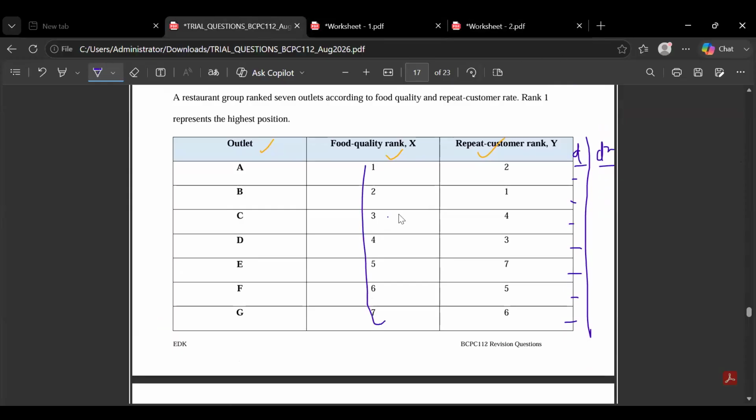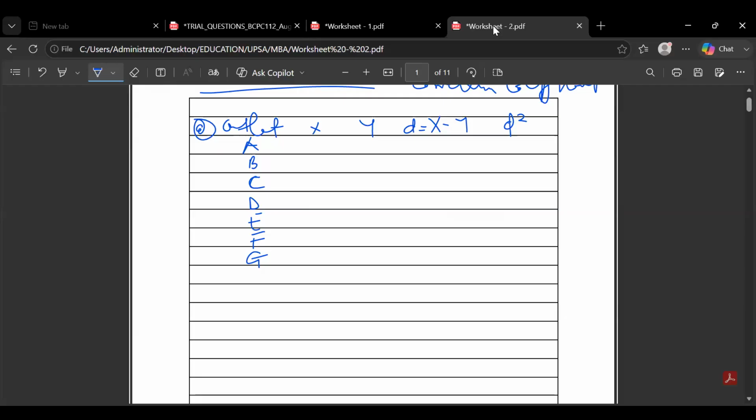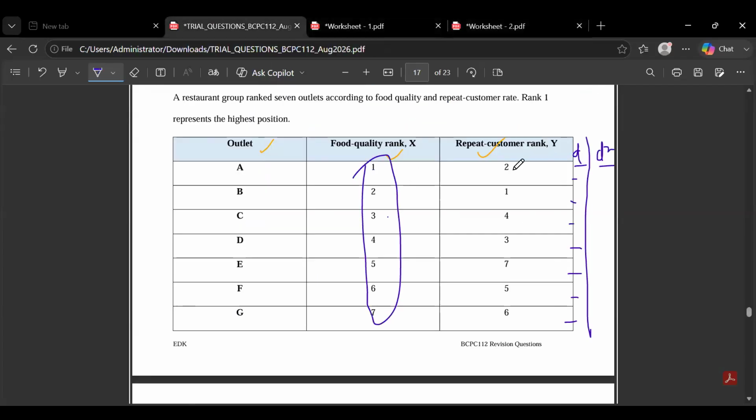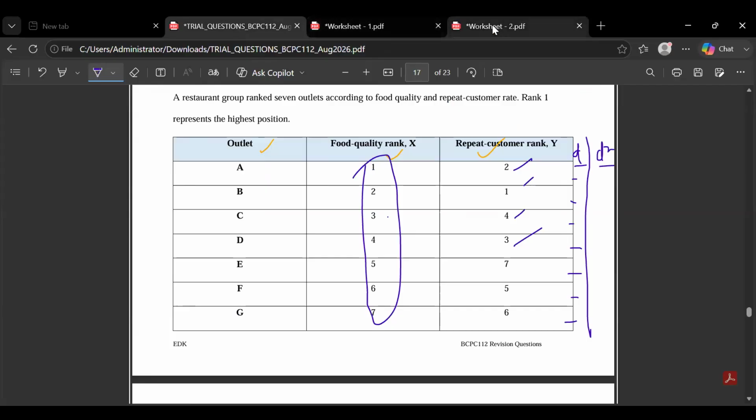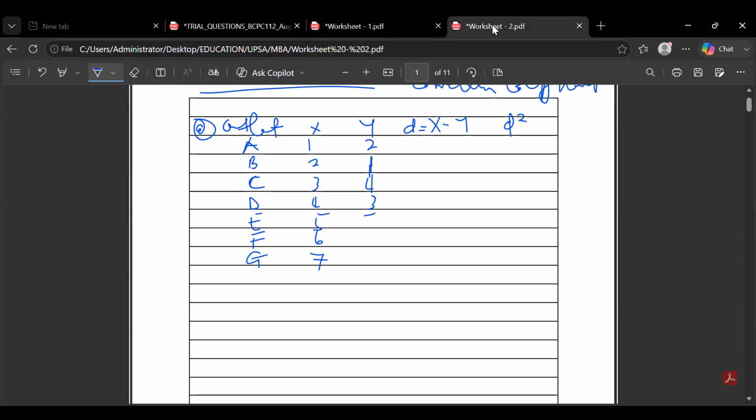So 1, 2, 3, 4, 5, 6, 7. Then my y's are 2, 1, 4, 3, 7, 5, 6.